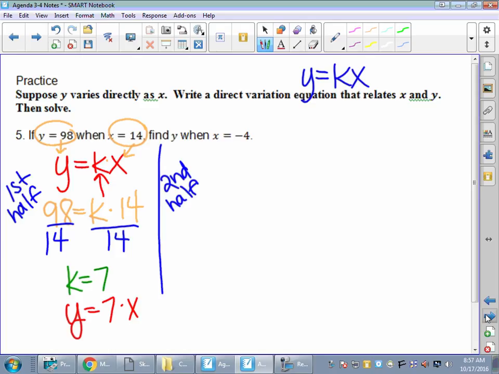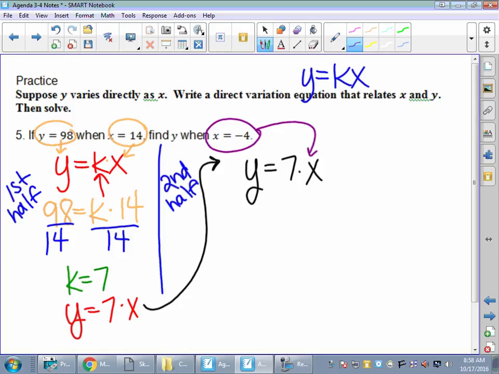That's the hard part. So the easy part now is I'm going to take this equation into the second half of the problem, y equals 7 times x. It now wants you to find y when x is negative 4.